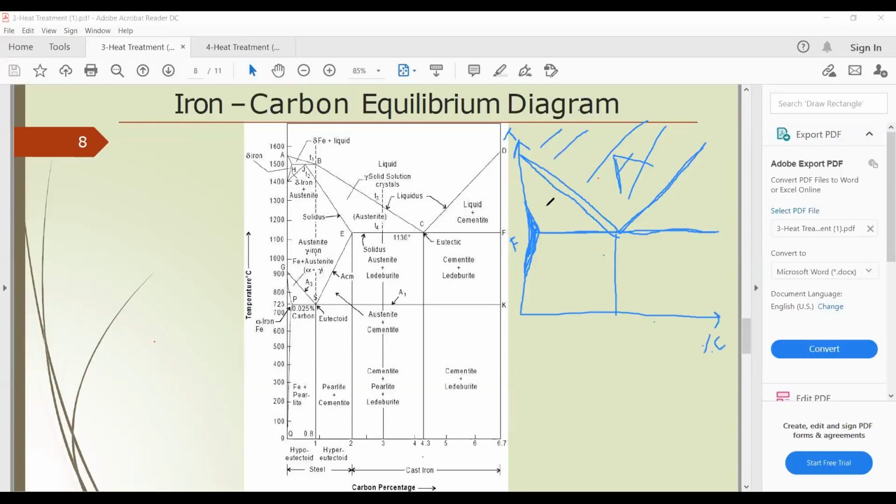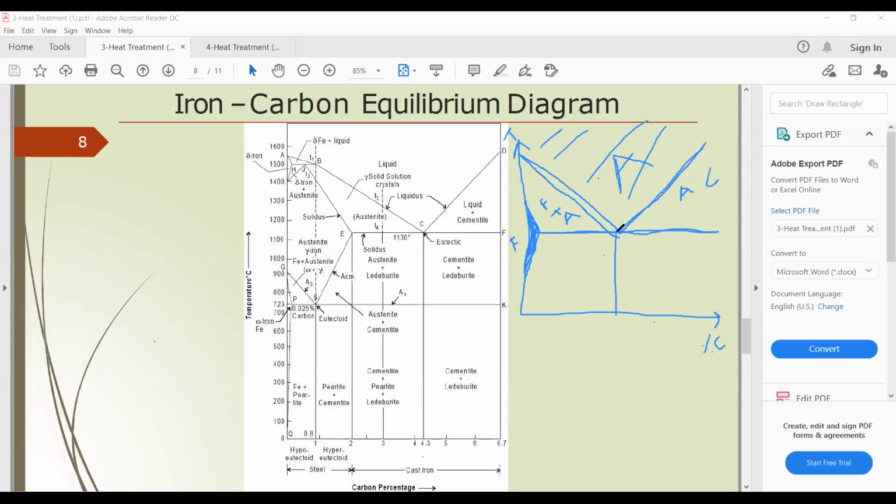So here, what is this? A mixture of austenite plus ferrite. Pure austenite is available in this temperature range. Here, ferrite plus austenite is available. Here, a mixture of austenite plus cementite is available.